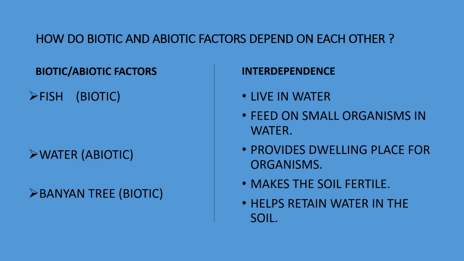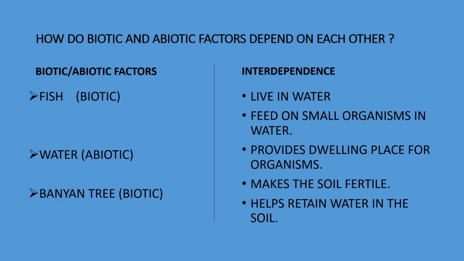Both biotic and abiotic factors are related to each other in an ecosystem. And if one factor is changed or removed, it can affect the entire ecosystem. Abiotic factors are especially important because they directly affect how organisms survive.